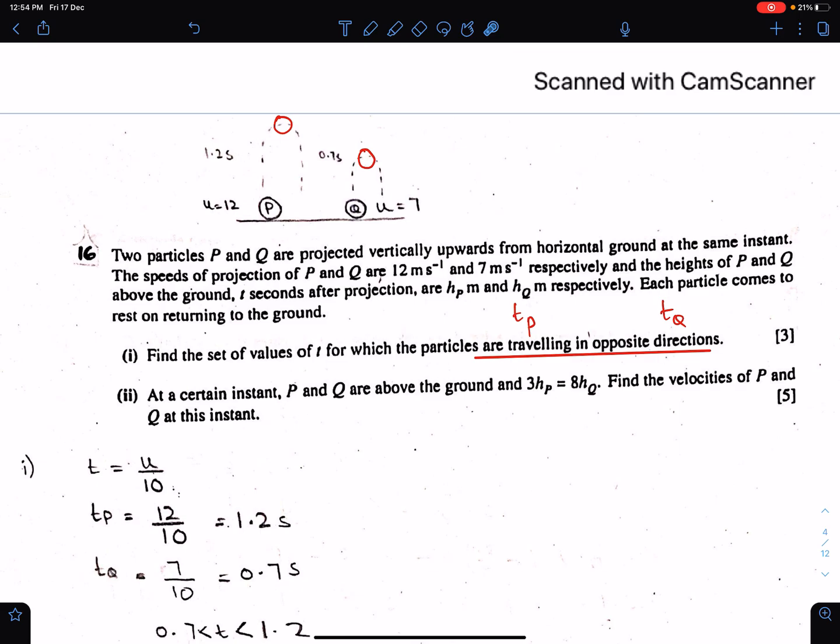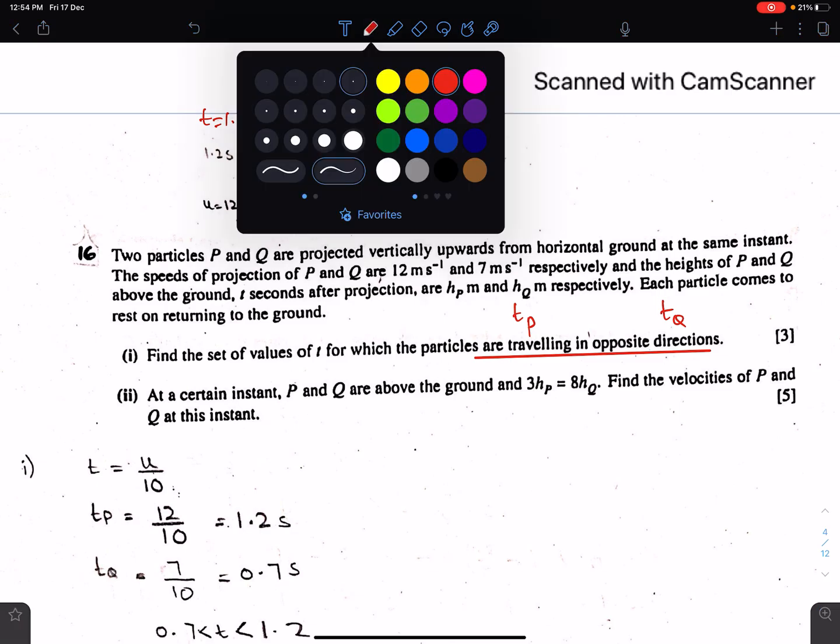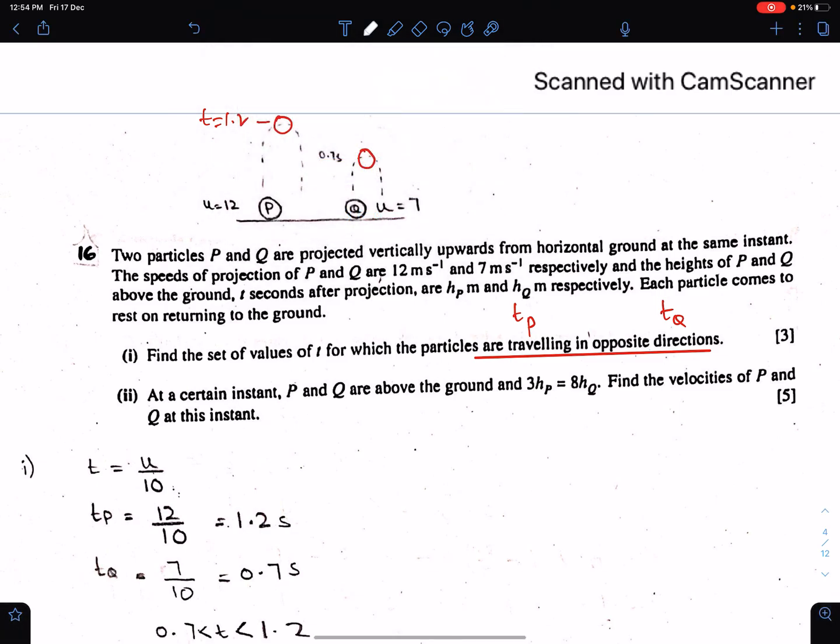So when P is here, its time is 1.2. And when Q is here, at its maximum height, its time is 0.7. So after 0.7, Q was moving in this direction and P was moving here.